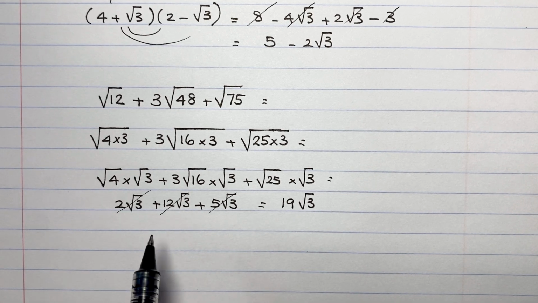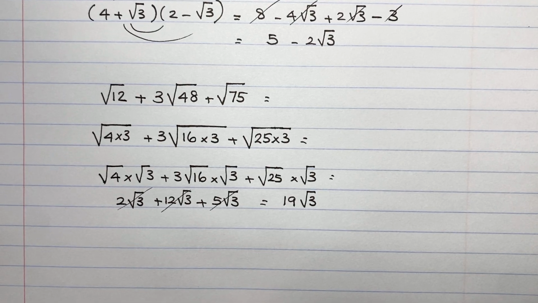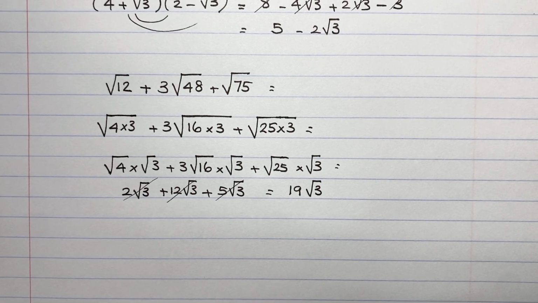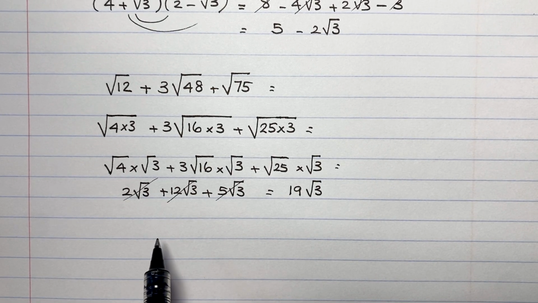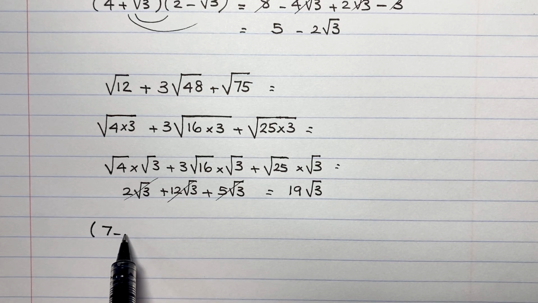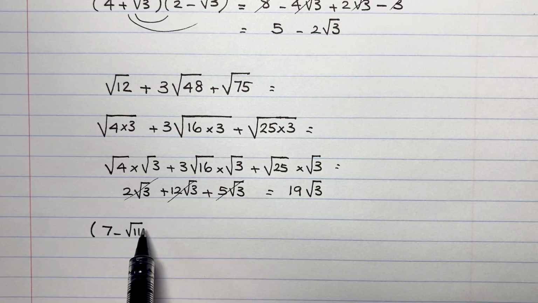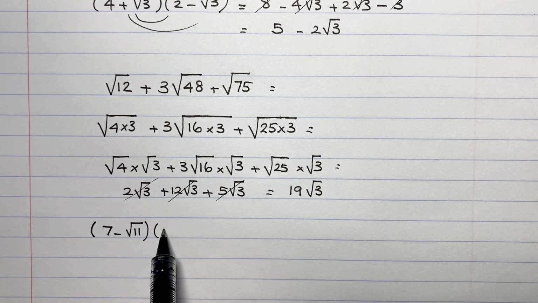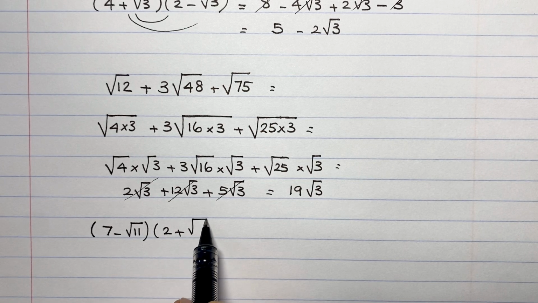And I'm going to finish this lesson with another example on expanding brackets, simplifying where possible, involving surds. 7 minus root 11, bracket open, 2 plus root 11.